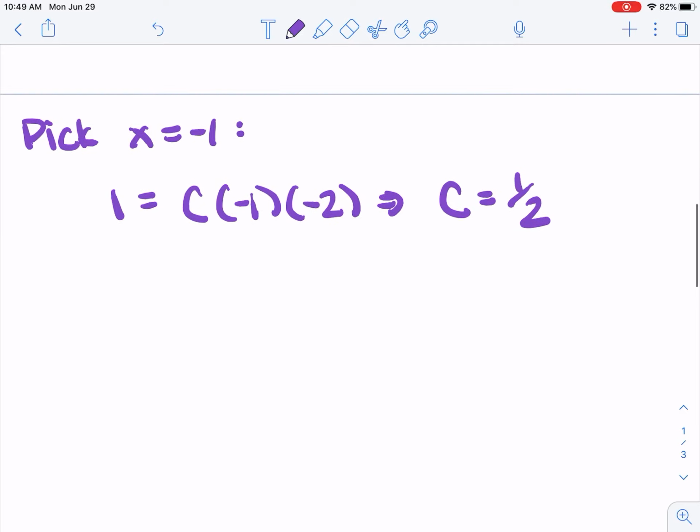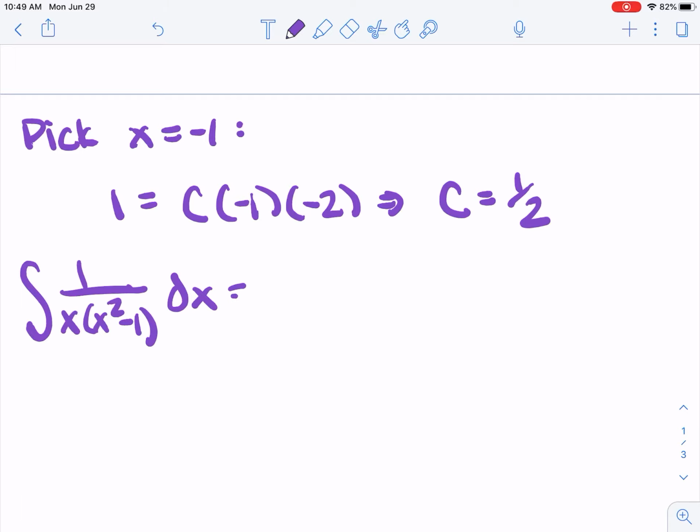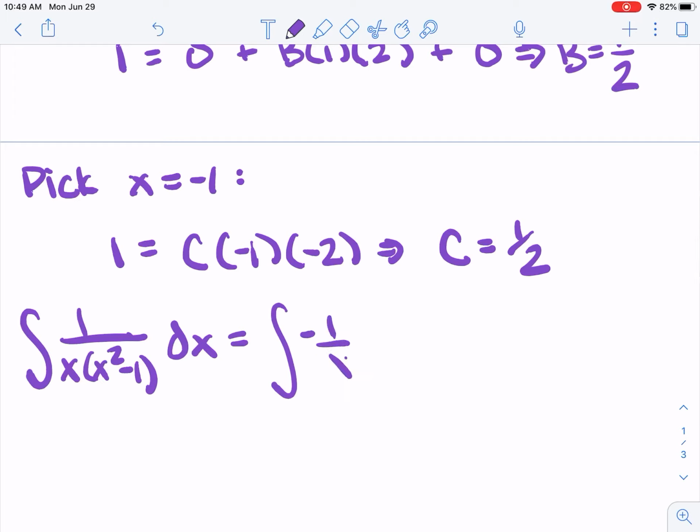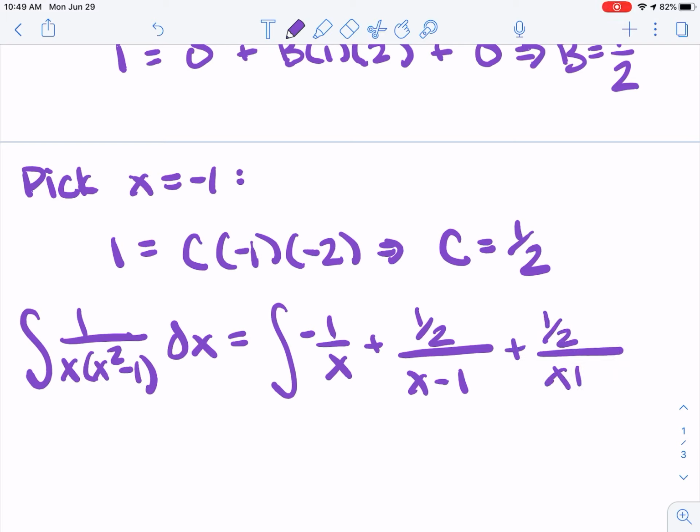And so back to our fraction, 1 over x times x squared minus 1, the integral of that is equal to the integral of a over x. A was negative 1, so minus 1 over x plus 1/2 over x minus 1 plus 1/2 over x plus 1 dx.